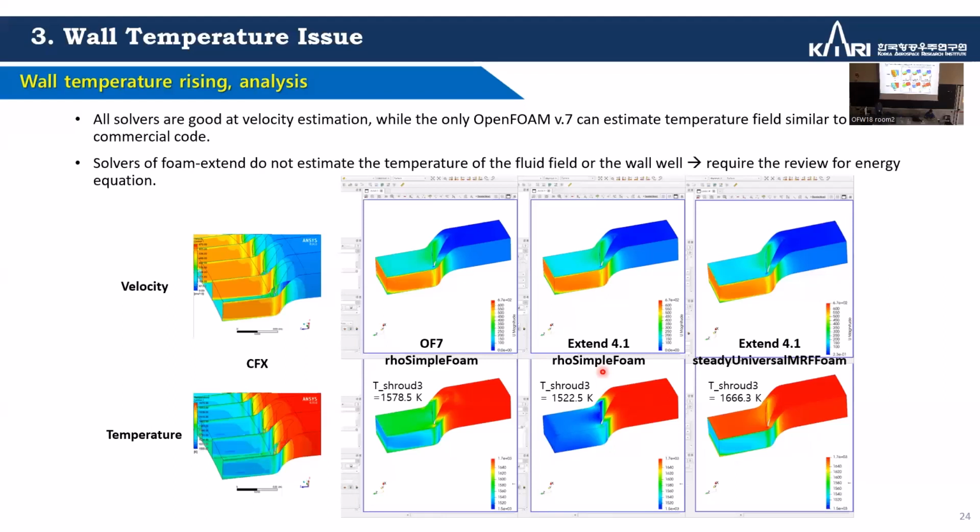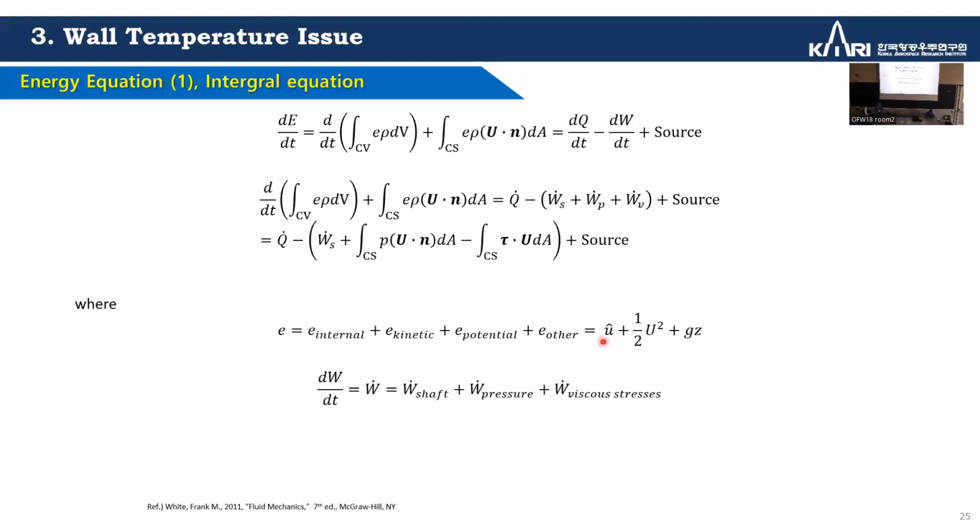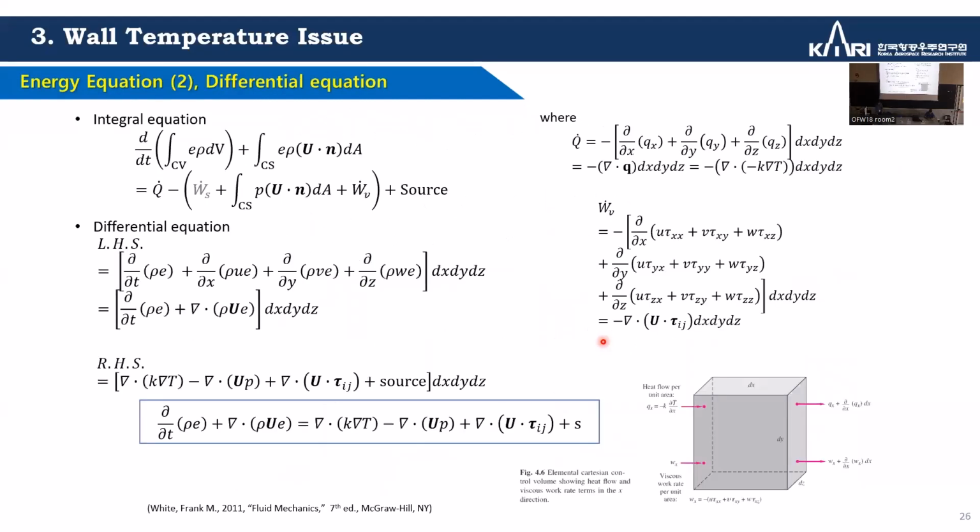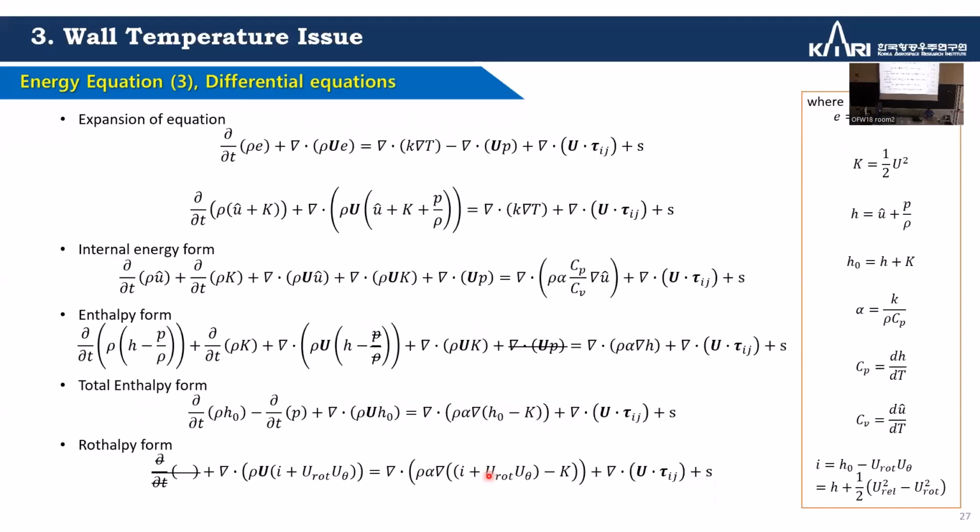So I thought that there is some problem in foam-extend solvers. So I started from scratch, and this is the energy equation in integral form, and this is the differential equation, and you can derive it following this, and then you can get the ultimate equation using the divergence and gradient, to be used in OpenFOAM with the FVM, right?